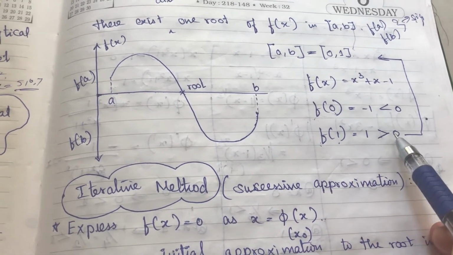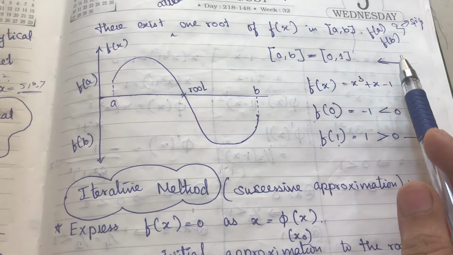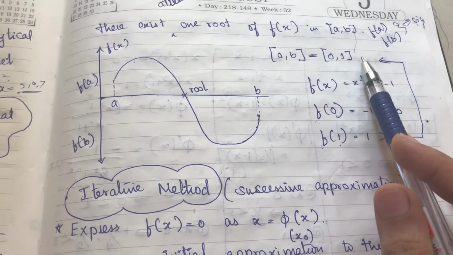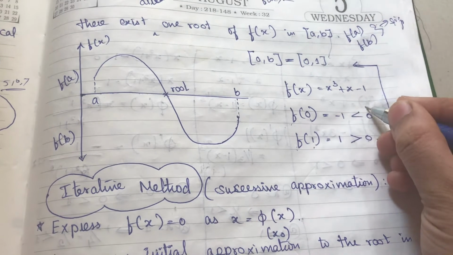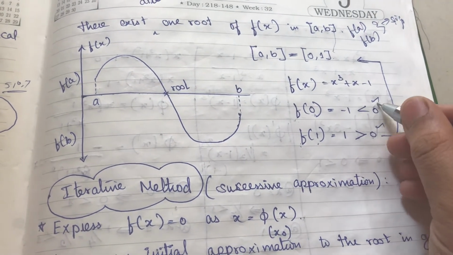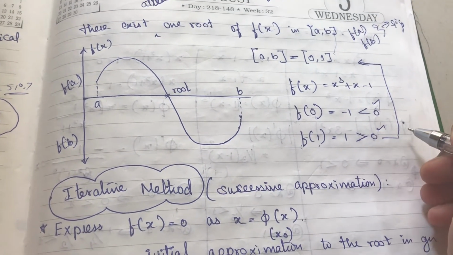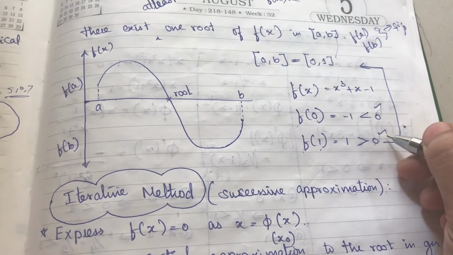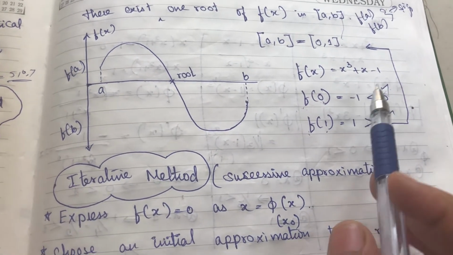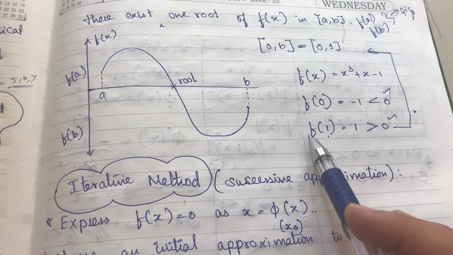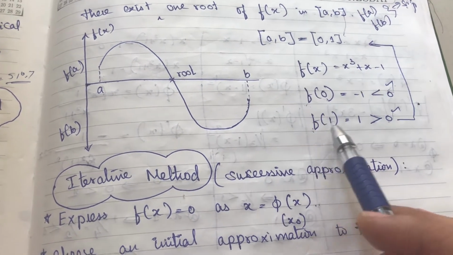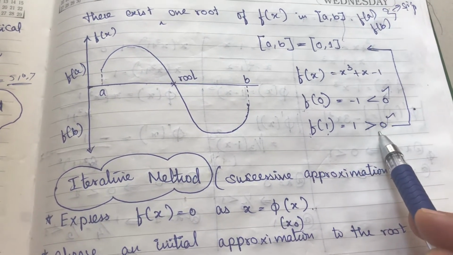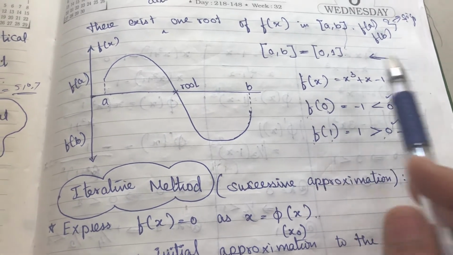You can see here, 0 to 1, so the root is included in this interval. Here the signs are opposite, less than and greater than. So if the two function values have opposite signs, then at least one root should be included in the interval.